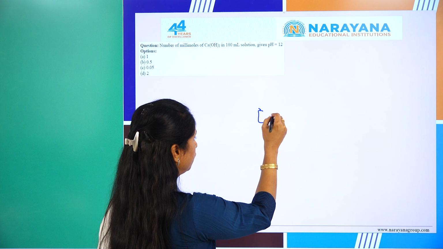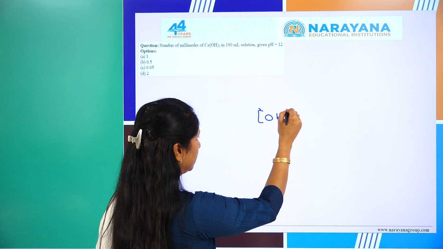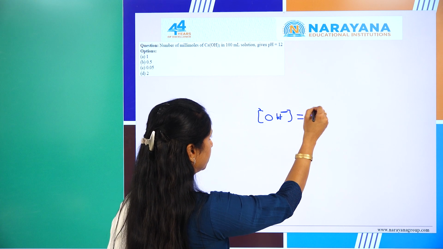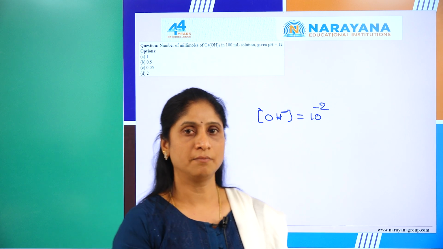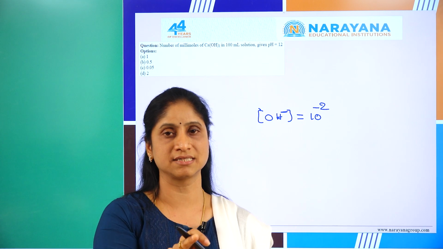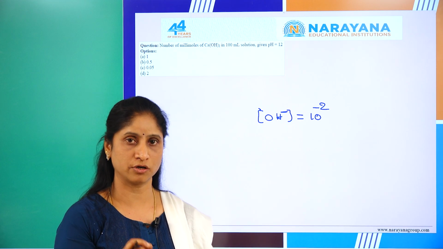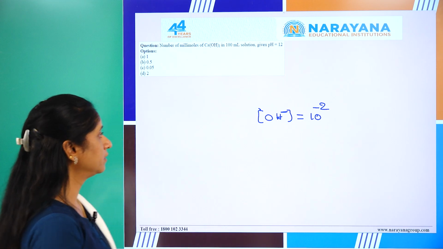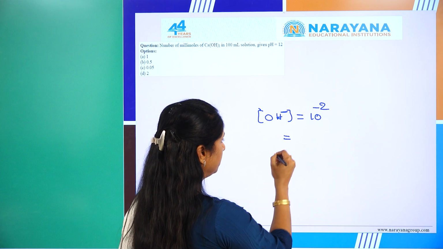So the concentration of OH minus will be 10 power minus 2, because the product of the concentration of H plus and OH minus at 25 degrees Celsius is 10 power minus 14, which we consider as the ionic product of water, Kw.